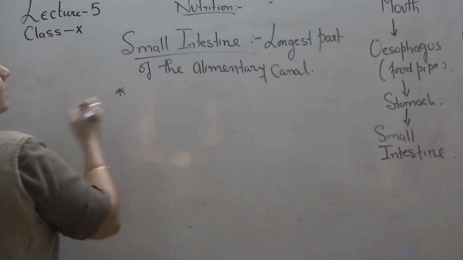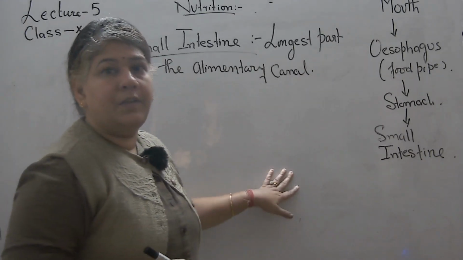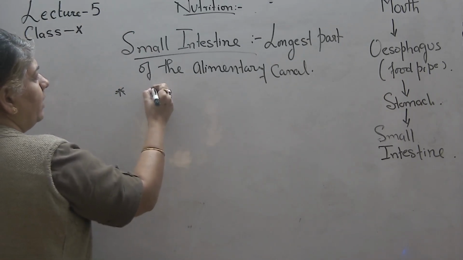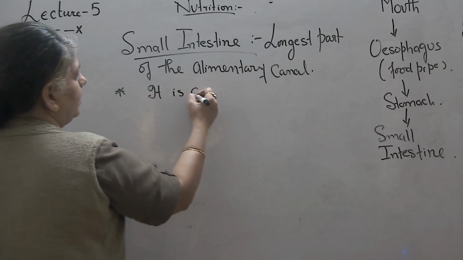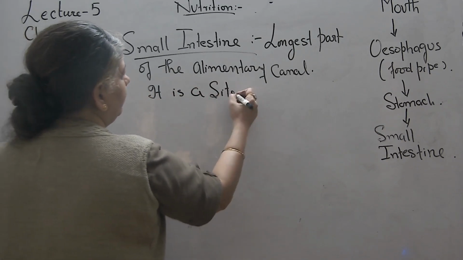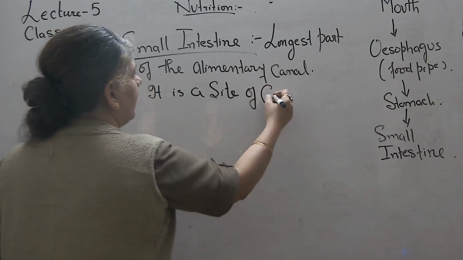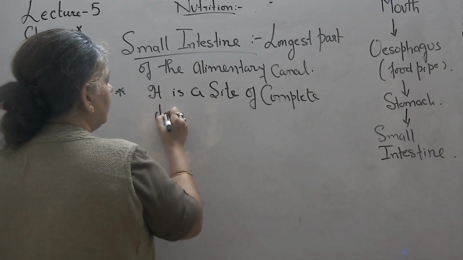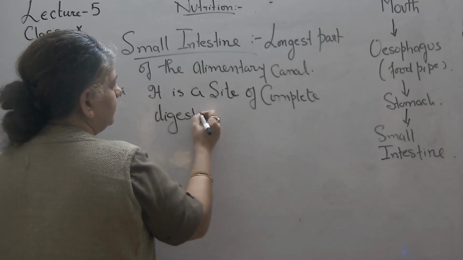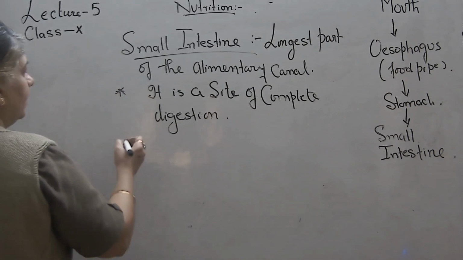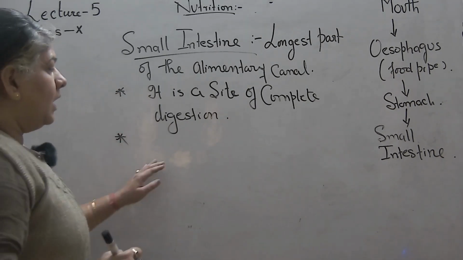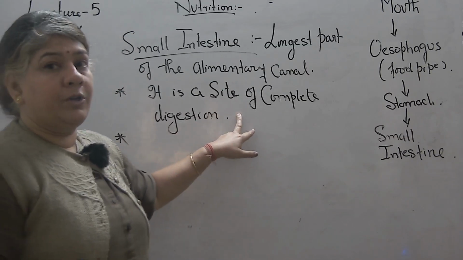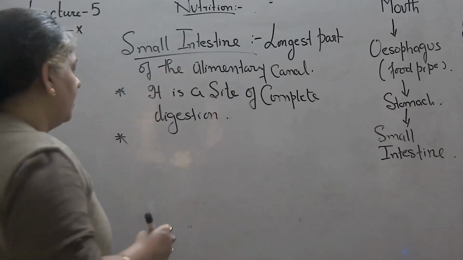Next point, complete digestion takes place in small intestine. Here digestion is complete. So small intestine is a site of complete digestion. Another important point, digestion and absorption both take place in small intestine.